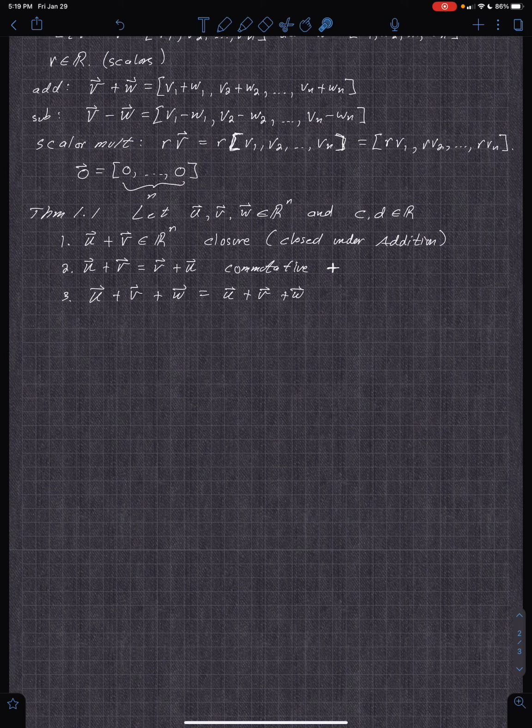You can only do 2 at a time. So you either do those first and then those, or vice versa. So that's what we mean by associative. You associate either those, oops, I meant to do that, or these. So either way, that's associative for addition.